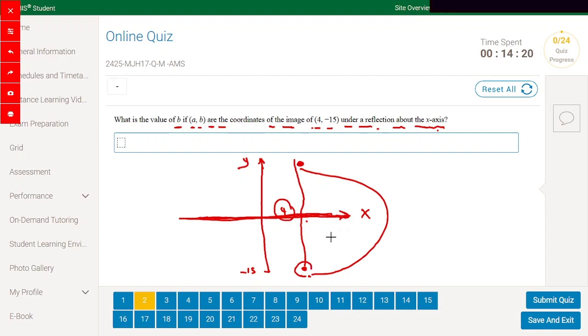And y, because it's a reflection, will have the same distance here. This distance is 15, so here it will also be 15. So the new point is 4 and 15. So A is 4 and B is 15. The question is asking about the value of B, so the value of B will be 15.